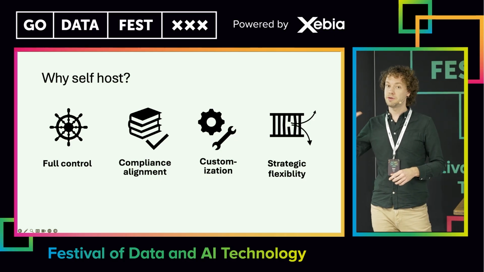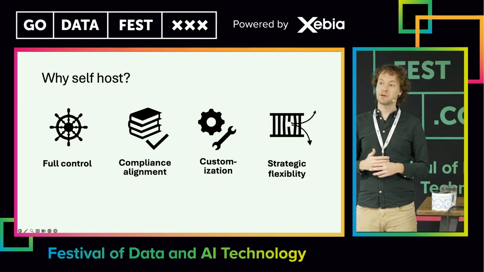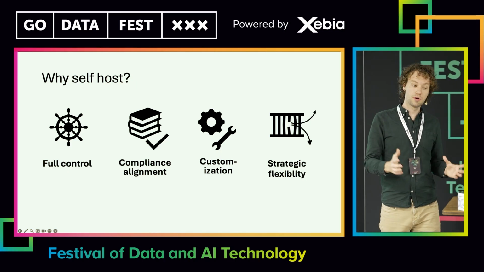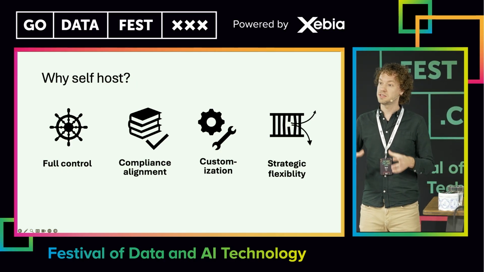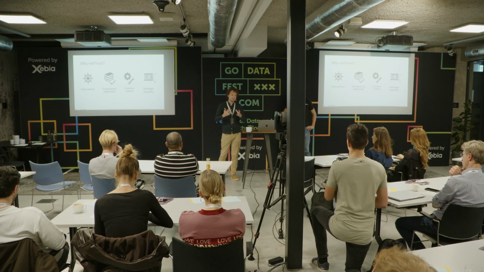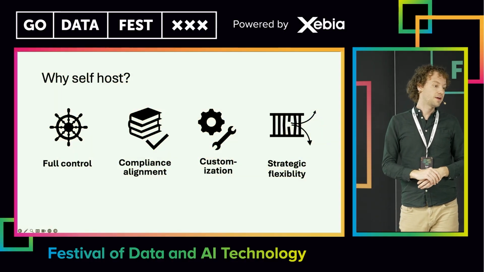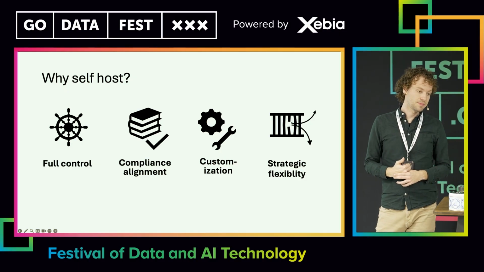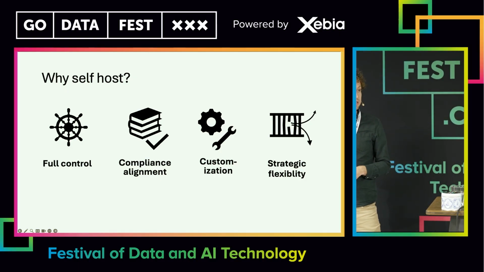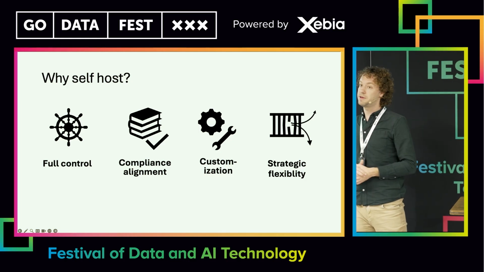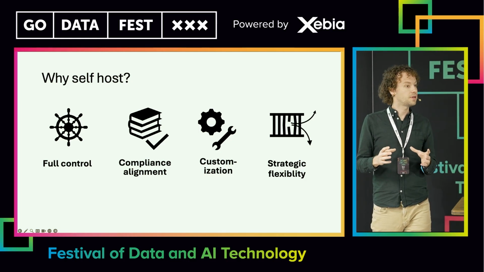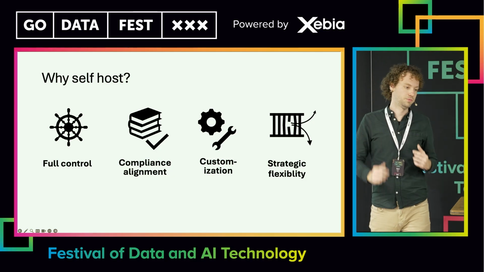As I mentioned, we have the AI Act and GDPR, but some organizations also have their own compliance rules, and this allows you to stick to them because you bring it back under your own control. It also allows for customization. When you run ChatGPT on OpenAI, you can only use their model. There's no way to fine-tune it or make any changes to it. When you run your own, you can. And finally, we have strategic flexibility, which ties in with vendor lock-in. When you host your own model, it doesn't matter where you host it, it's your own model.